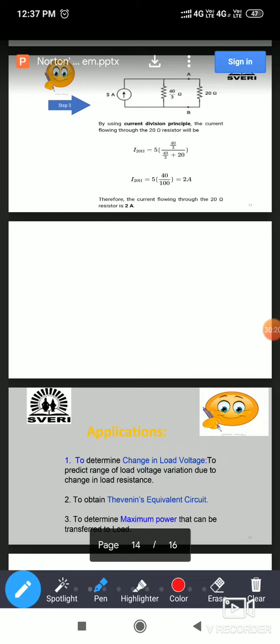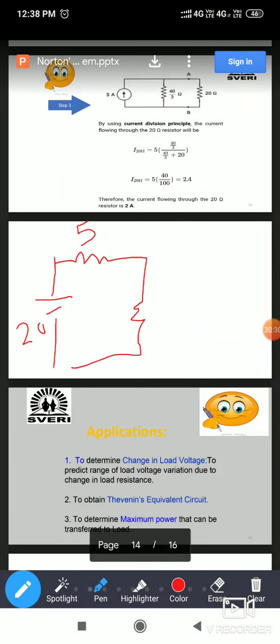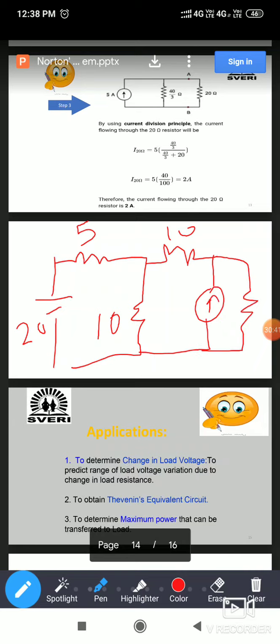Okay, now I will draw that circuit. So this will be the 20. Okay, this will be the 5. This will be the 5. This will be the 10. This will be the 10, and this will be the current source. Okay, that is the current source value, and this will be the 20.